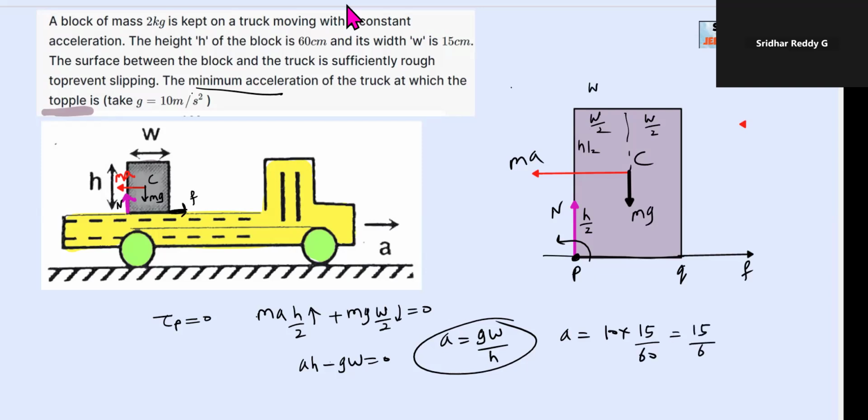So 15 by 6, this will be 5 by 2, which is 2.5 meter per second square. If the acceleration of the truck is greater than or equal to this, the block will topple about this point.